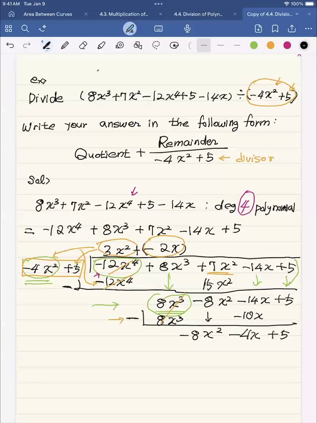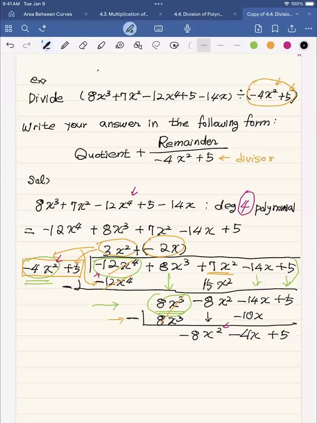Then do the same process. This time, the degrees are the same, 2 and 2. So we have to multiply by just a number. We will multiply by 2, then we will get negative 8x squared.